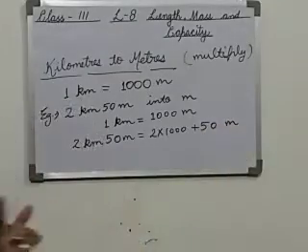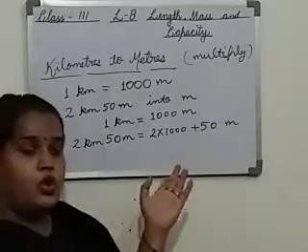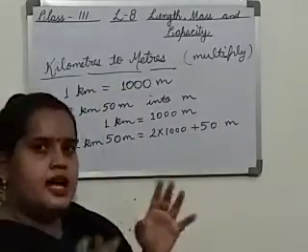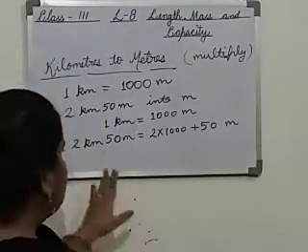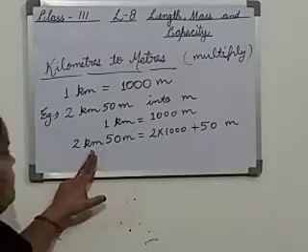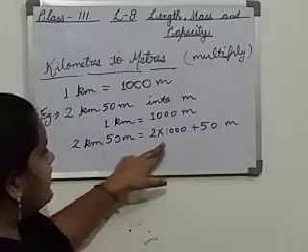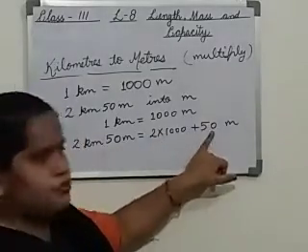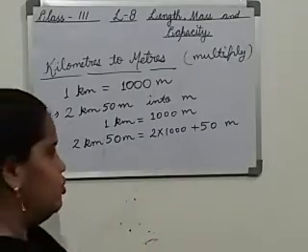What I told you just now in the previous example also, though it was of meter and centimeter and this is of kilometer and meter, but the process is same. What is the process? The thing which is in kilometers, which is not in meters, we will multiply that thing, we will convert that thing into meter, and the number which is already in meter, just we have to add that number. Nothing we have to do. Okay.